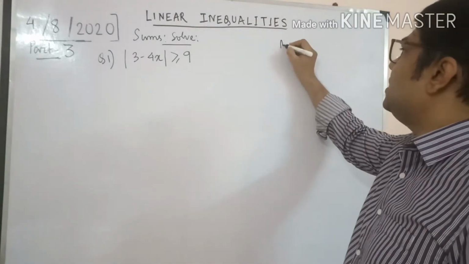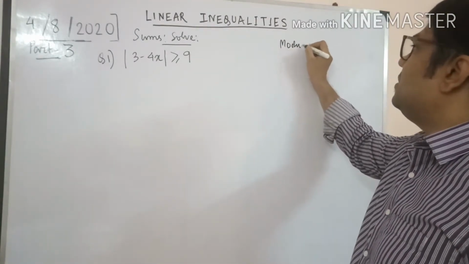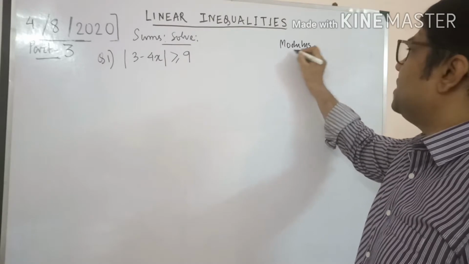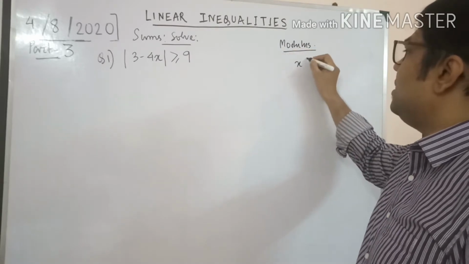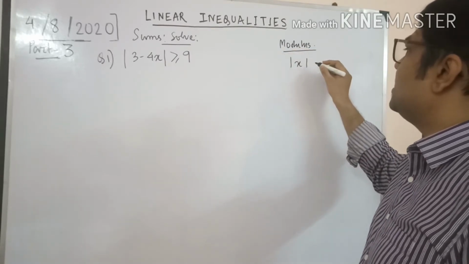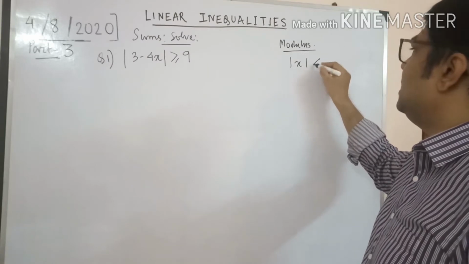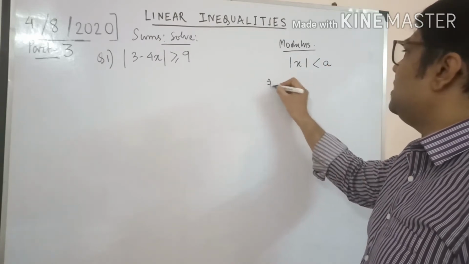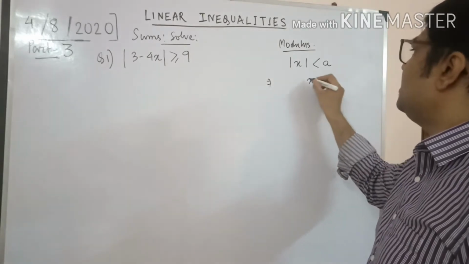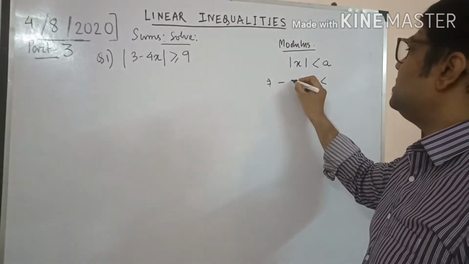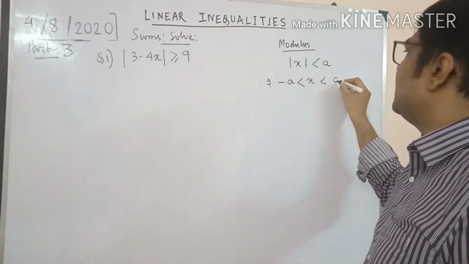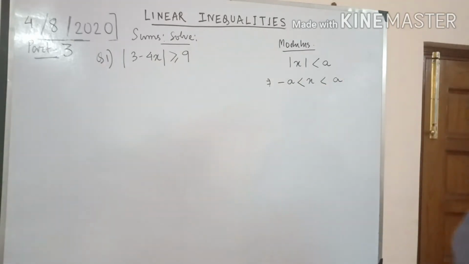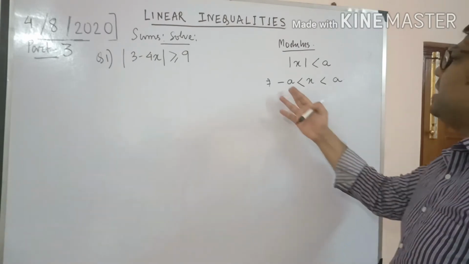First I will write it over here. This is how the modulus works. Say mod x is lesser than a. It means x lies between minus a and a, that is, the value of x will be between minus a and a.